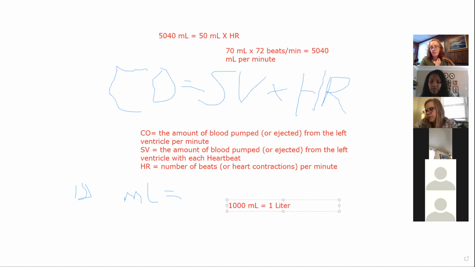And one milliliter is equal to 1 centimeter cubed. How many millimeters are there in a centimeter?